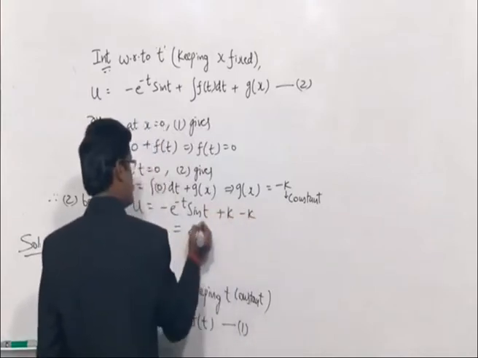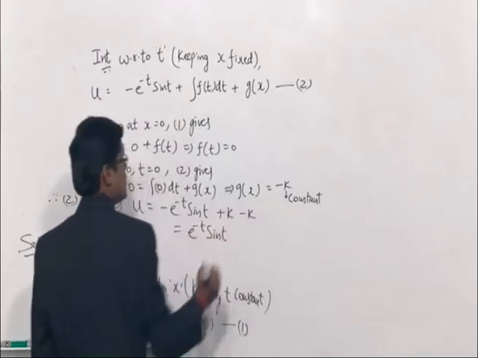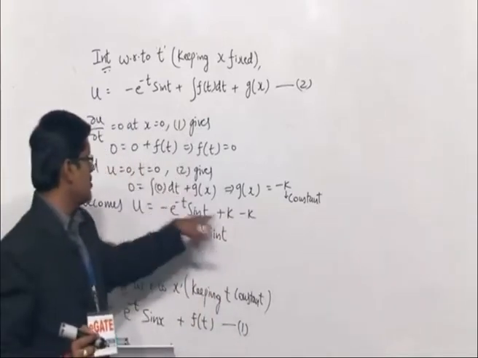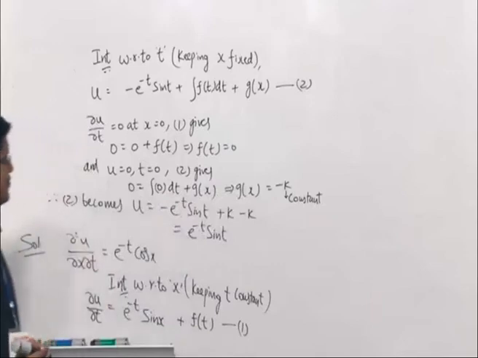So this simplifies, because f of t is 0 and the integral of 0 I took as k and minus k.